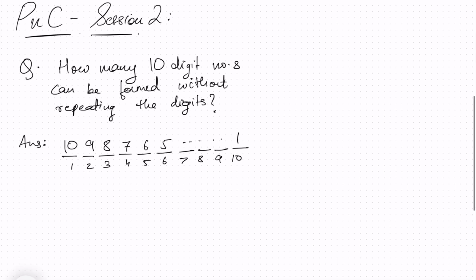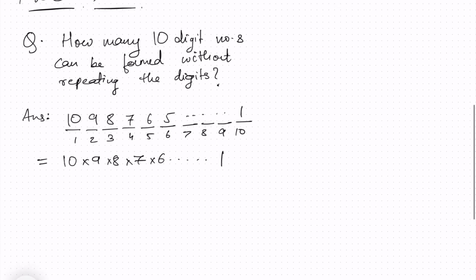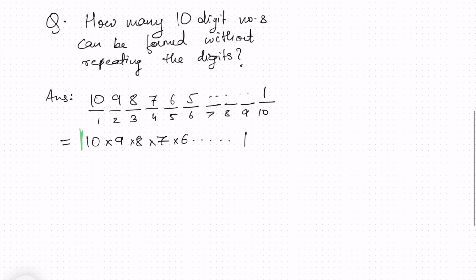And because I'm doing all of these tasks of filling all of these places together, I use the multiplication principle, and the solution is 10 into 9 into 8 into 7 into 6 multiplied all the way up to 1. Let me highlight this in green.